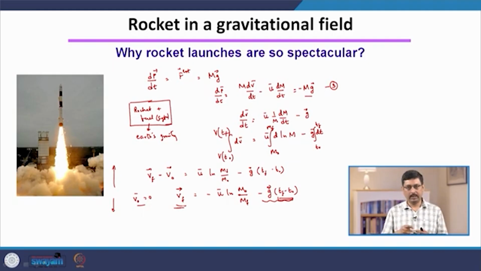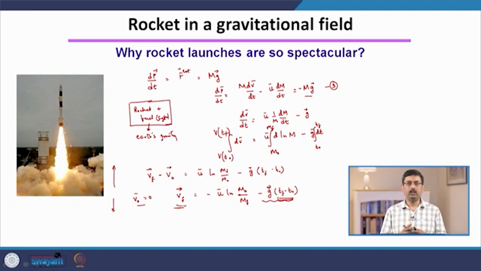Remember that to escape Earth's gravity field, we need to achieve an escape velocity which is 11.2 kilometer per second, which is quite high. But not always does the rocket have to go completely beyond the Earth's gravity field.